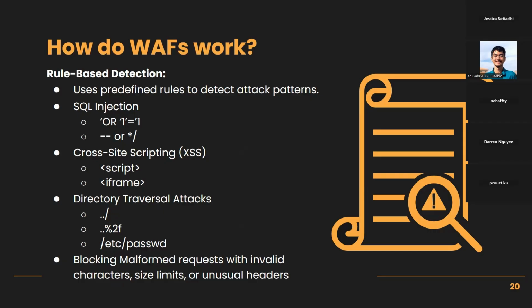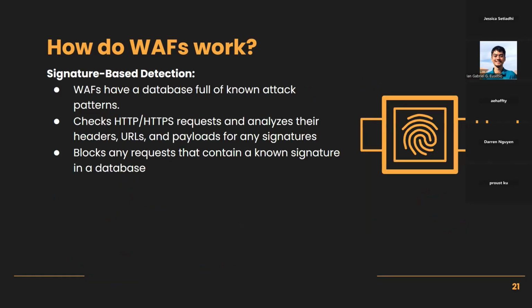It's also going to look for wrong or malformed headers and size limits. If the packet's too big, then it's going to rule it as suspicious. And yeah, so that was rule-based detection, in which they check the content of the packet.